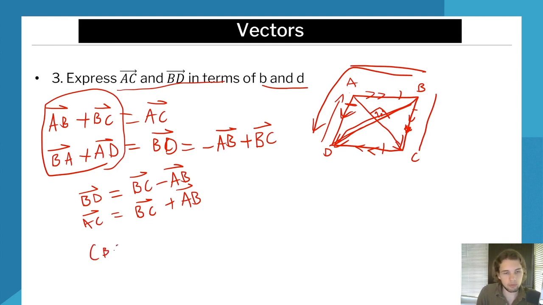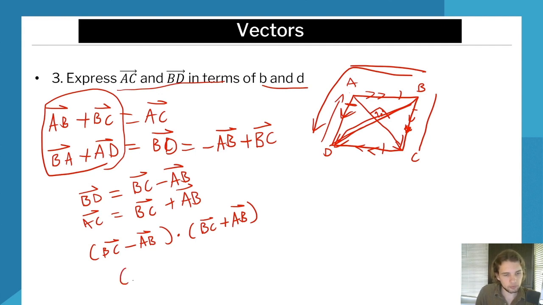So we do B to C minus A to B, dot B to C plus A to B. Now we can expand this in the same way we would multiplication.